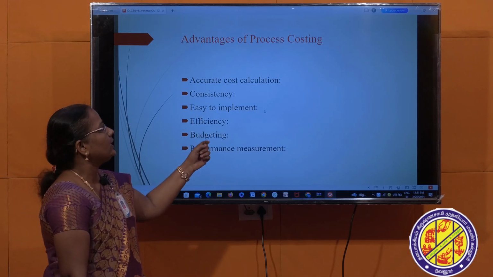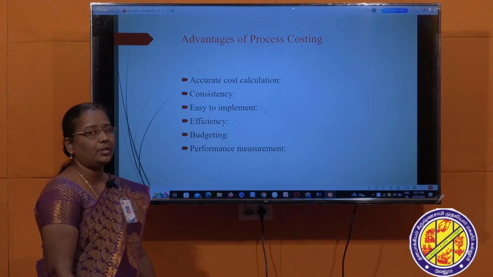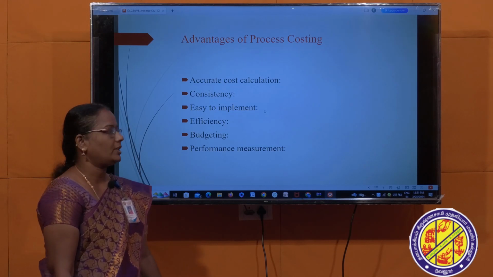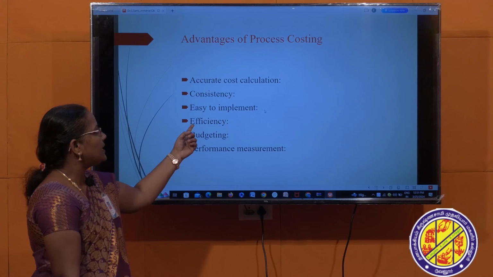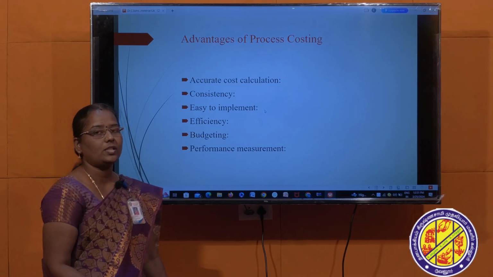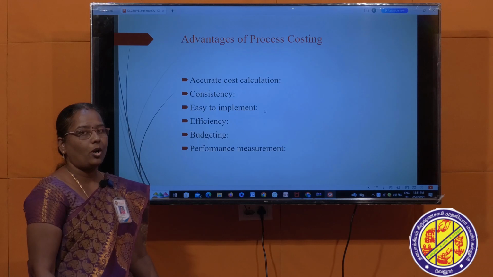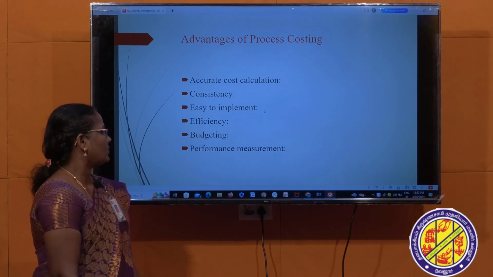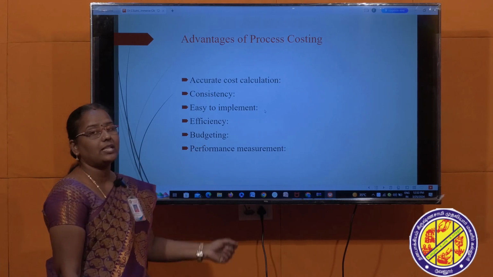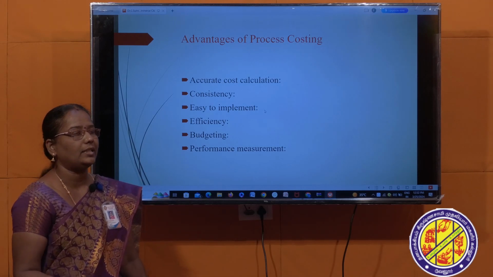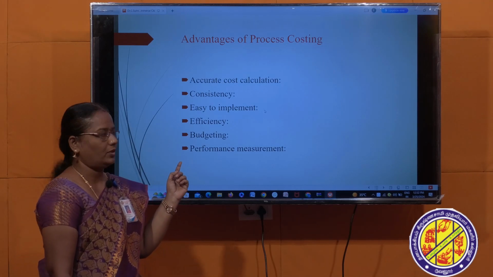And it is easy to implement also, in big manufacturing companies. Then efficiency: it can find out the inefficiencies of the product manufacturing also. It is used for budgeting control. For budgeting planning, process costing is very useful.